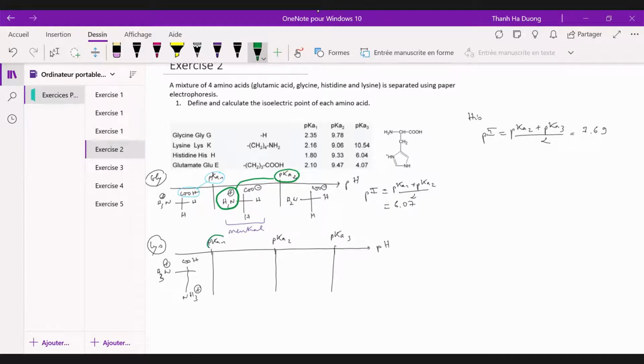The first pKa corresponds to this function, so I will deprotonate this function. The pKa2 corresponds to this function, so I will deprotonate this.